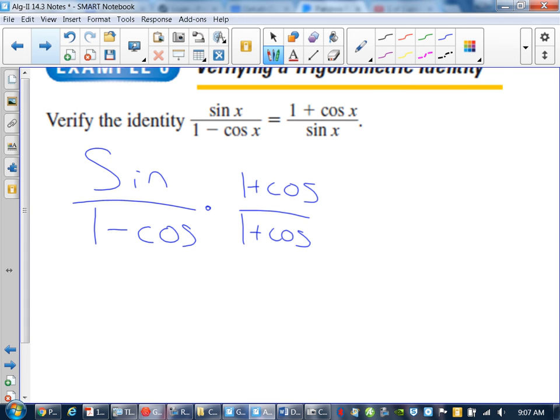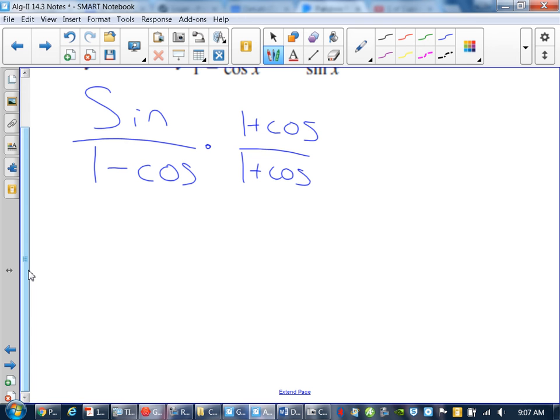So from here, think of this as a FOIL problem for the denominator. But also think of it as a difference of squares. You have a minus b and a plus b. When you did that as a difference of squares, what was the shortcut?